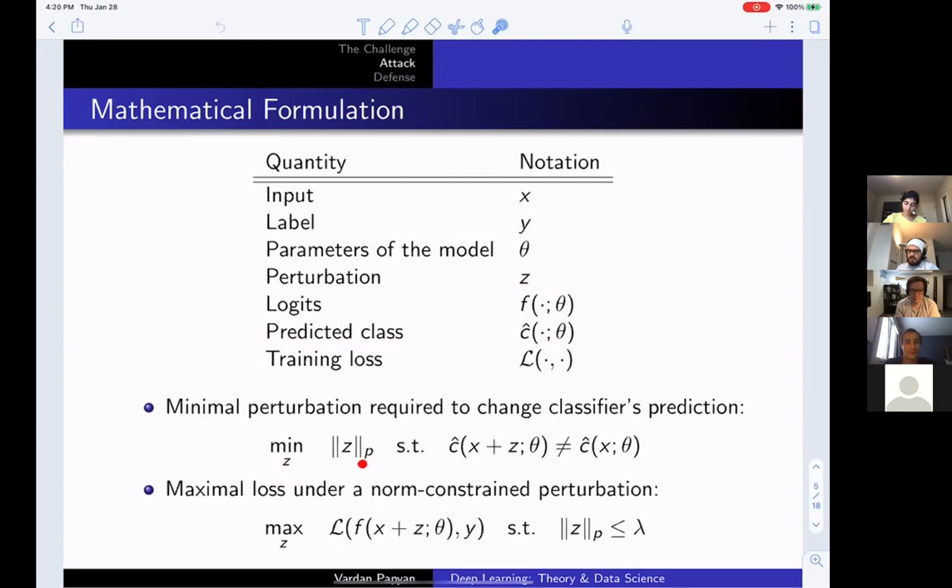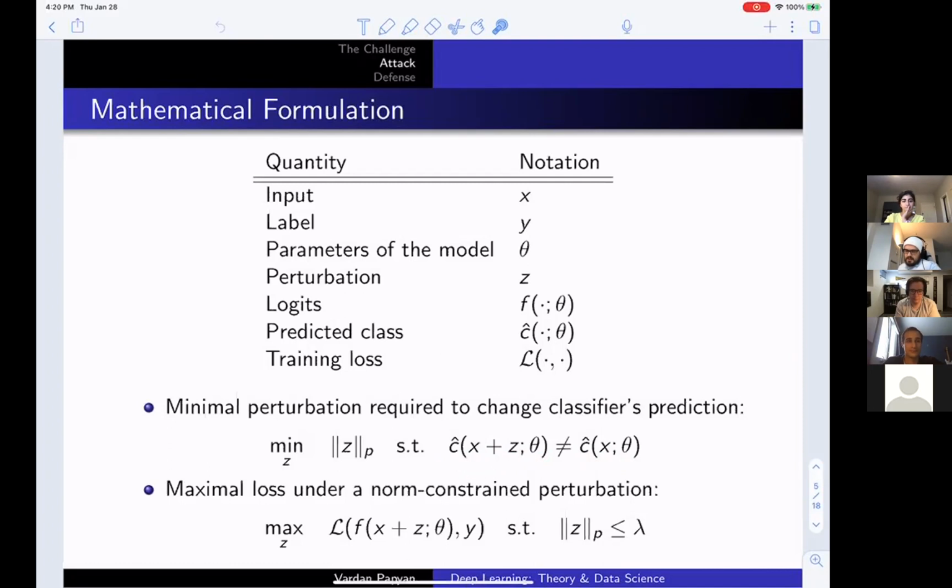This could be the L2 norm, the L infinity norm, or some other norm. And then C hat of X plus Z, theta, the predicted class for the perturbed image, should be different than the predicted class on the original image. So this is an optimization problem that tries to change the mind of the classifier on the image by adding a perturbation Z.